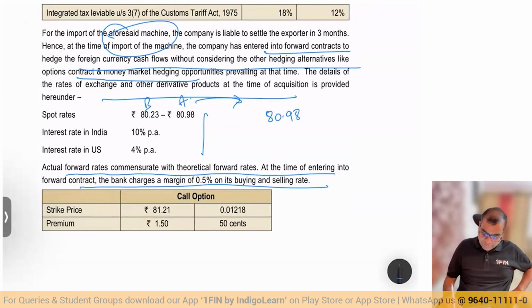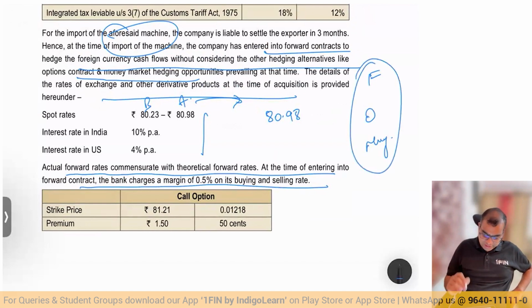So we have to find out forward, then option, then money market. Do you recollect what is money market? You borrow in one currency, deploy and deposit in another currency, and then finally get it and all of that. In AFM, yes. If you recollect, it is great.